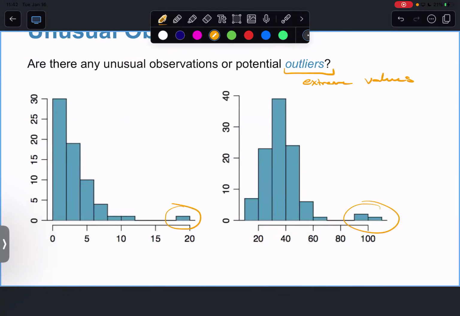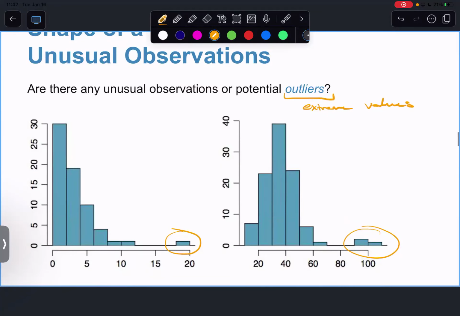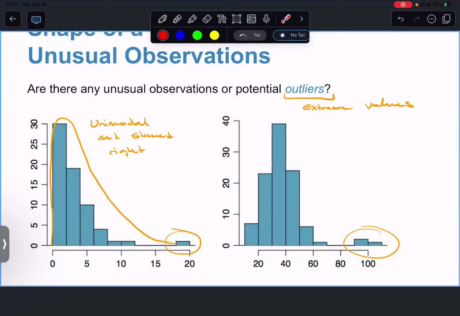When I describe this shape, I would say, okay, this one looks uniform or unimodal and skewed to the right, right? Unimodal and skewed right with outliers, with some number of outliers.